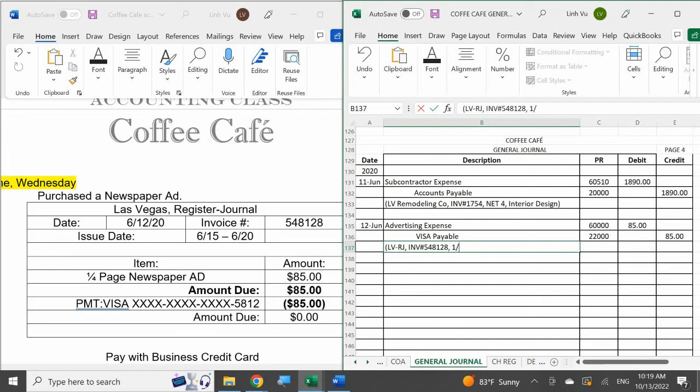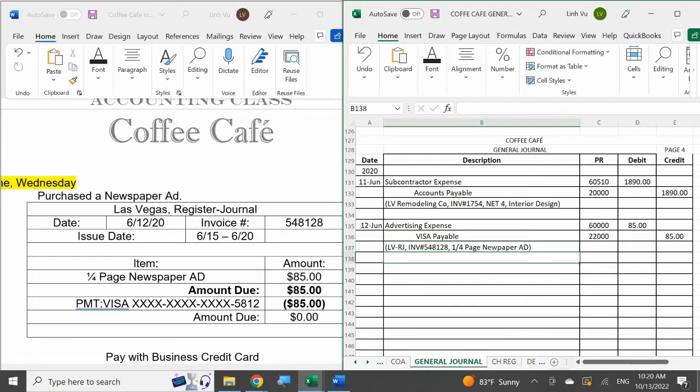And what did we do? We bought a quarter page newspaper ad. And you don't need to specify that you're going to make a Visa payment because you already put your credit card there. Okay. All right.